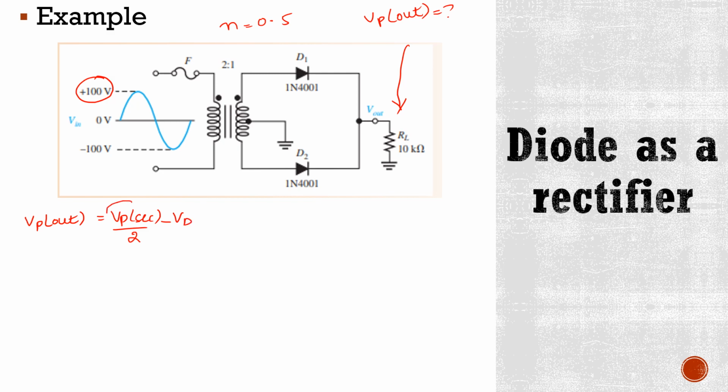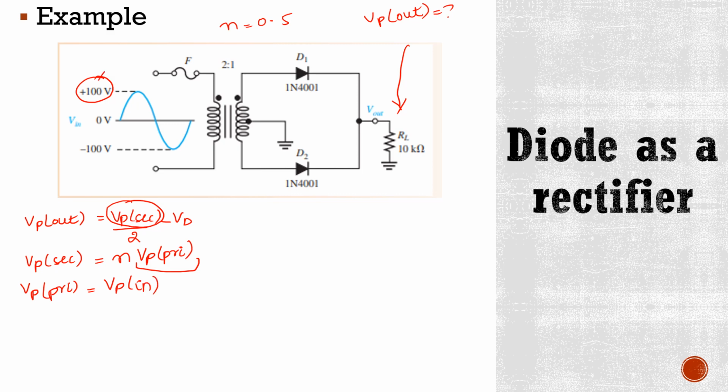First we will find this peak secondary voltage. We know that peak secondary voltage is equal to turns ratio times peak primary voltage. Now what is this peak primary voltage? This peak primary voltage is equal to the peak input voltage.